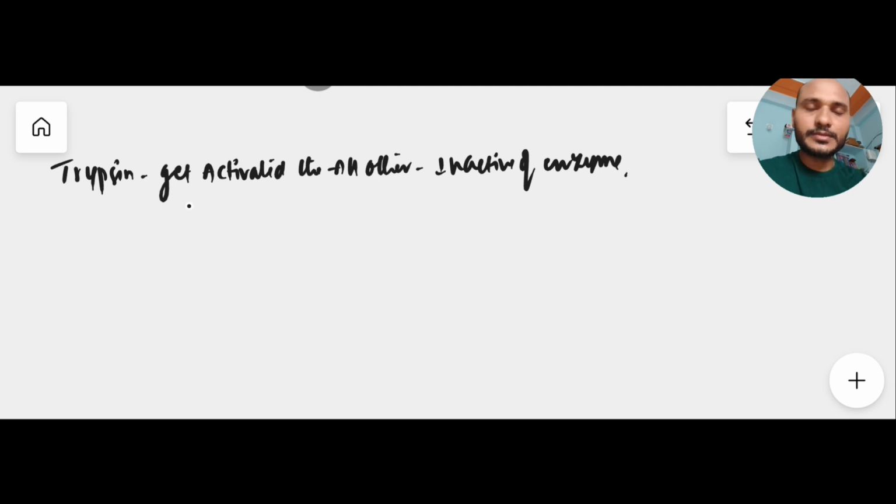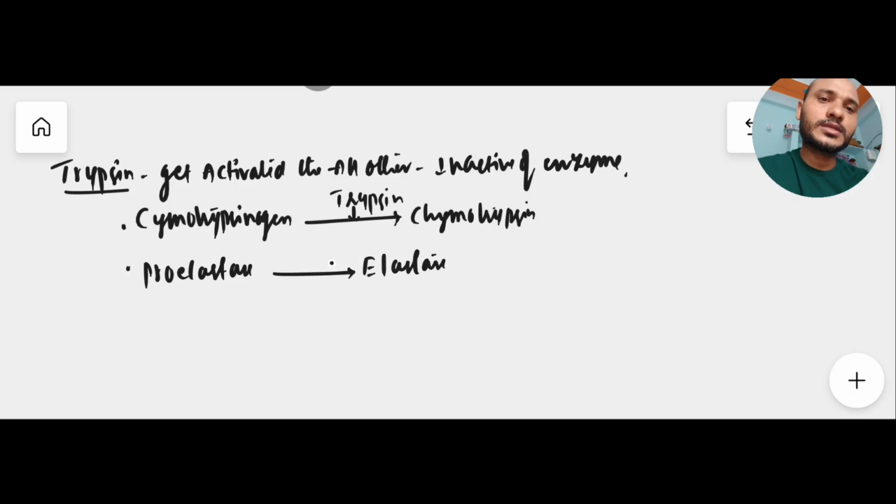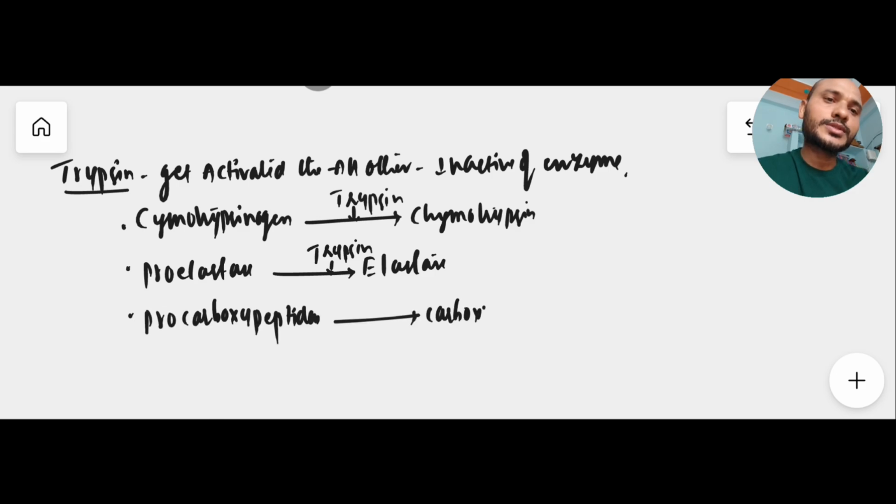How? Like this. In the presence of trypsin, the inactive chymotrypsinogen gets activated into chymotrypsin. Chymotrypsinogen is the inactive form and chymotrypsin is the active form. One more inactive enzyme, proelastase, also gets converted into the active form, elastase, in the presence of trypsin. And procarboxypeptidase gets converted into carboxypeptidase in the presence of trypsin. So trypsin helps activate the inactive enzymes. Chymotrypsin, elastase, and carboxypeptidase are all active forms of enzymes.